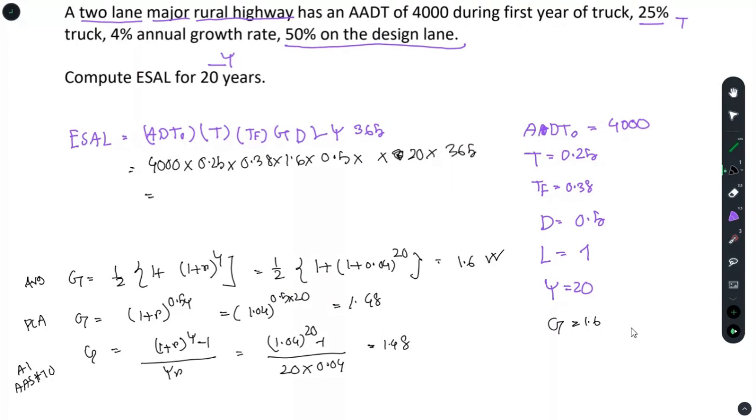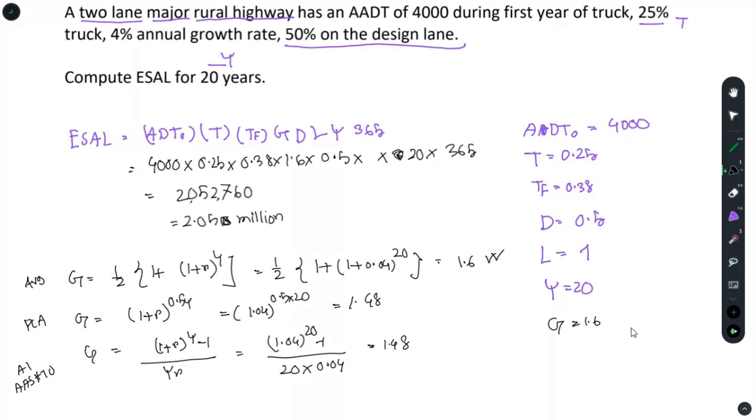So from there you'll get a value of 2,052,760. Typically we convert it in terms of millions, so it is around 2.05 million.